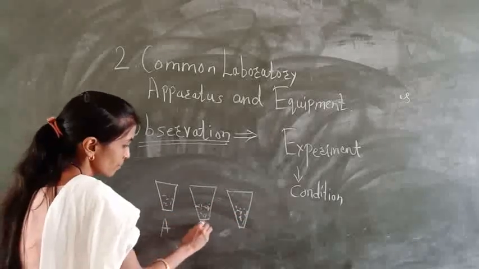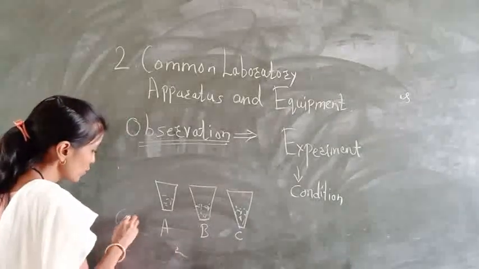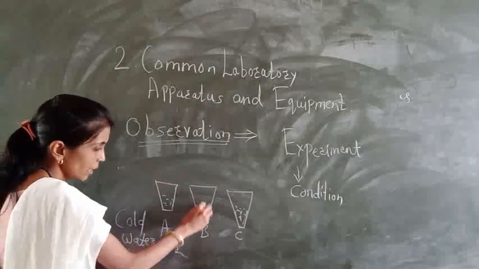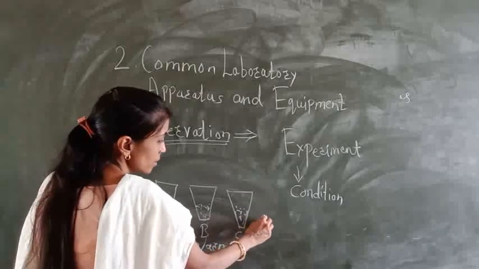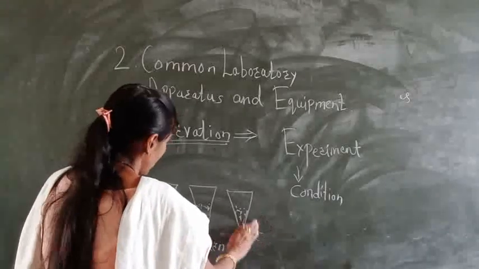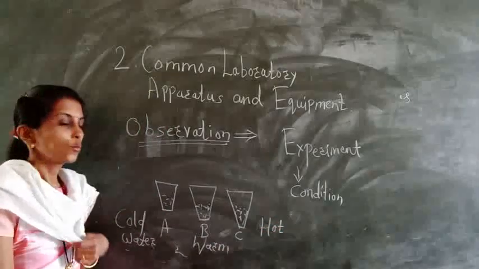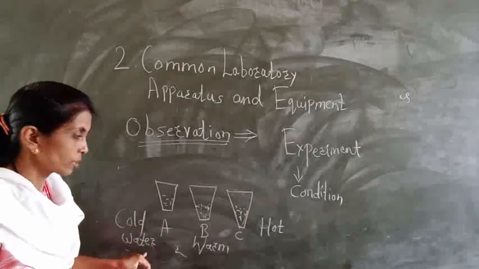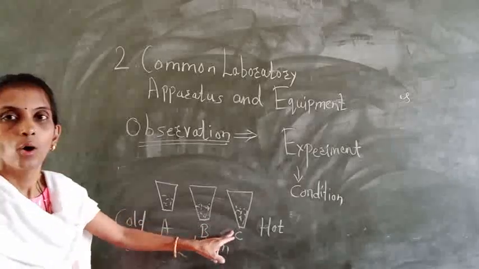See, in glass A suppose we take cold water, in B warm water, and in C hot water. Okay, so in glass A we take the cold water, in B we take the warm water, and in C we take the hot water.